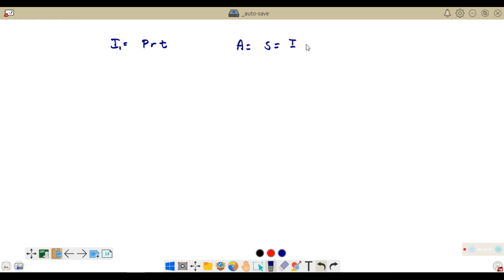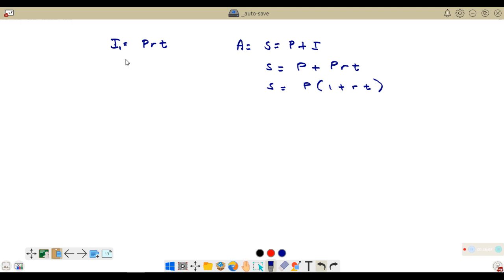S is equal to P plus I. Or S is equal to P plus PRT. Or S is equal to P times 1 plus RT. 'Di ba? So, ito yung ginagamit natin for finding the accumulated amount kung naka-simple interest tayo.